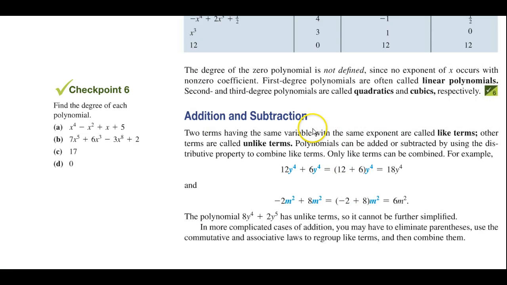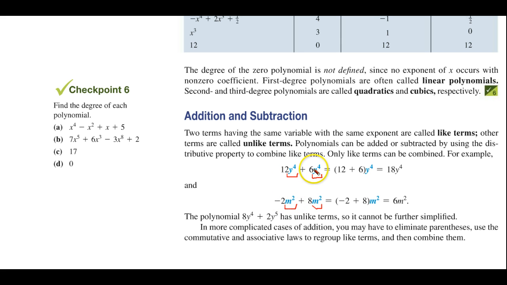Now, when we do addition and later subtraction, we are only dealing with what we call like terms. A like term, by definition, has the same variable and the same exponents. And when we do that, we only add the numerical coefficient part.